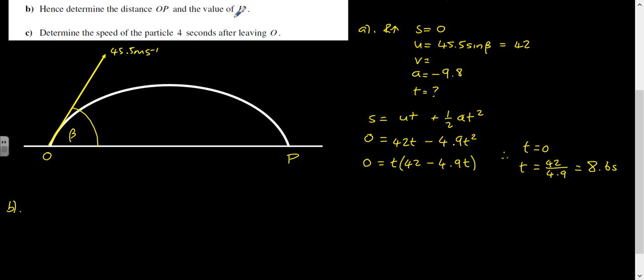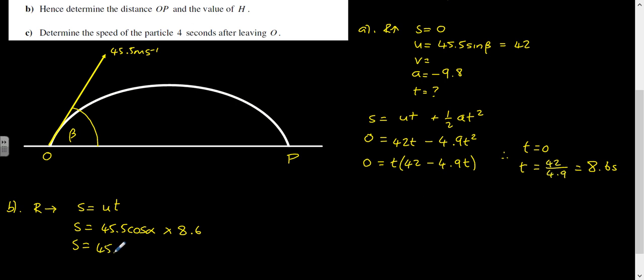So if we want to determine the distance OP, I can resolve horizontally, and I can say that displacement is speed times time. So displacement is going to be 45.5 cos alpha, because it's purely horizontal this time, multiplied by my 8.6 from the previous part of the question.